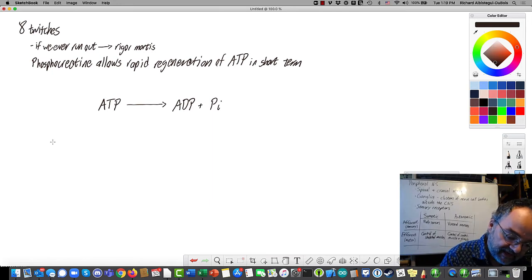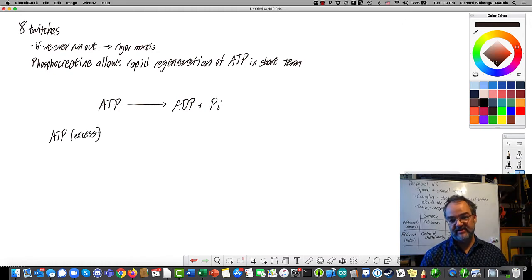So if I have more ATP than I need, say we've got a muscle cell at rest, and it is in the slow rate of glucose metabolism that's going on, it's able to generate more ATP than it needs. So it builds up its 8 twitches of storage. So what's it going to do with any more ATP that it can make?